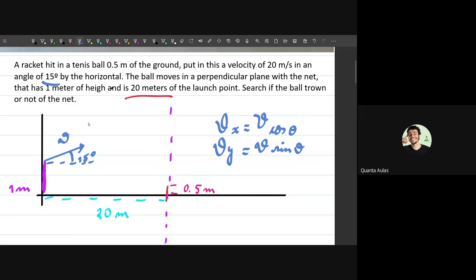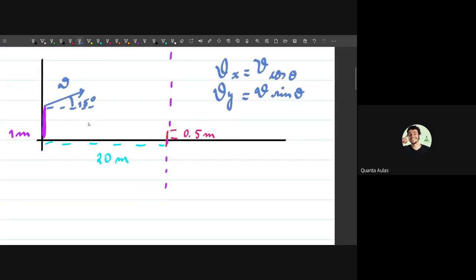So it's interesting to know the time here. Because if I know the time here, I just put this time in the position equation. If I need to know the position on the y-axis, you can remember this equation here.